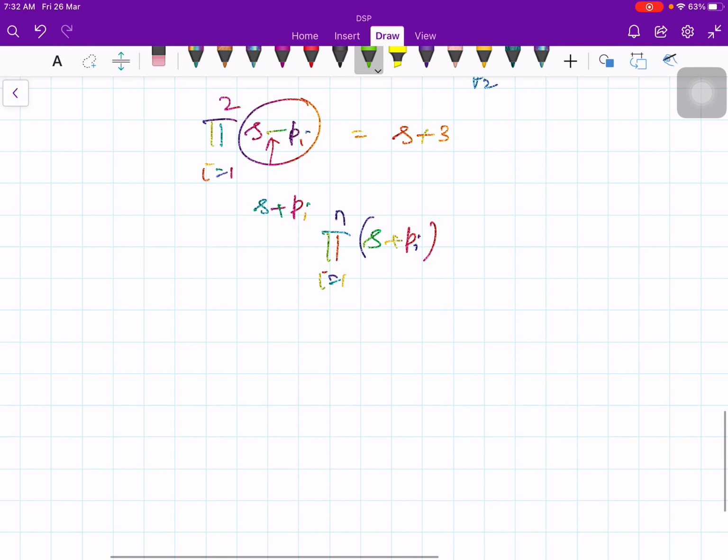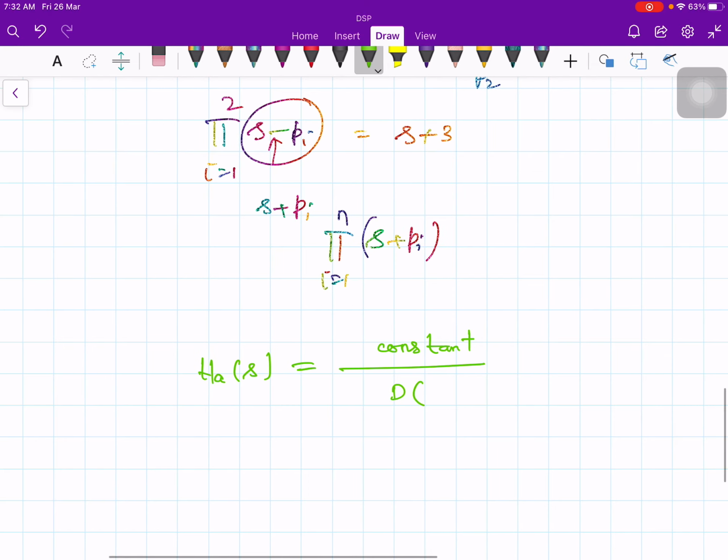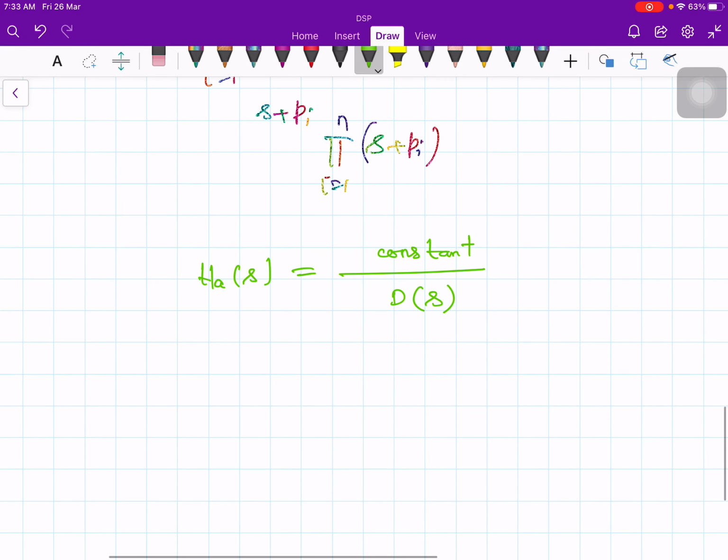Therefore, our aim is to find an H_a(s), which is some constant in the numerator divided by the denominator polynomial that I am going to denote by D(s).